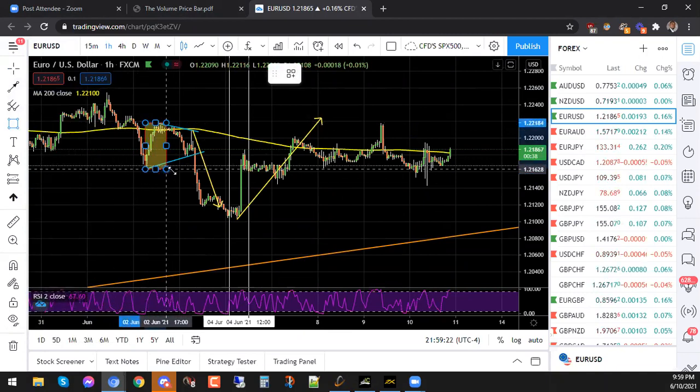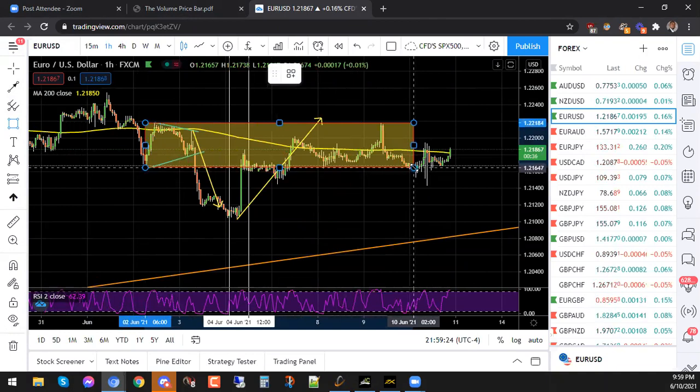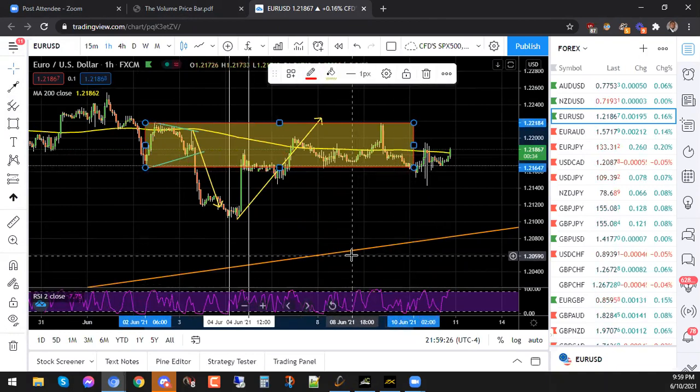So if we look at this here, whenever the price comes back into that zone, you will tend to see price get choppy again, okay? Because that is where you have resistance in the market. In that zone, price is going to become very choppy.